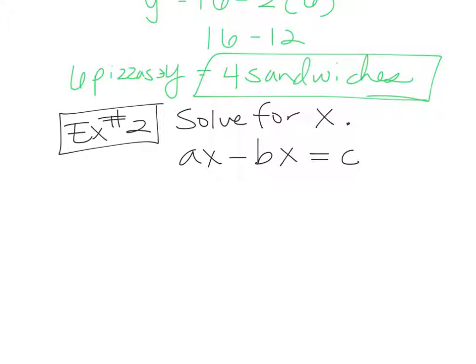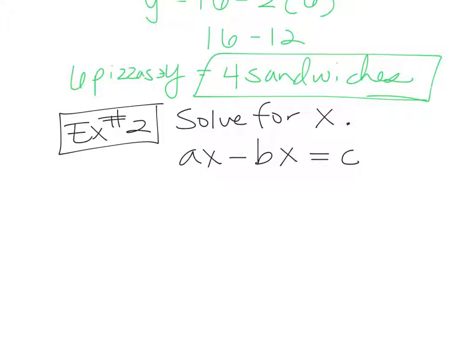Does anyone see what you would do to get x isolated? Subtract them. How do you do that? You could think of it as invisible ones.